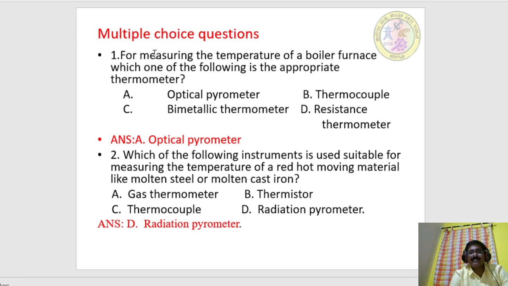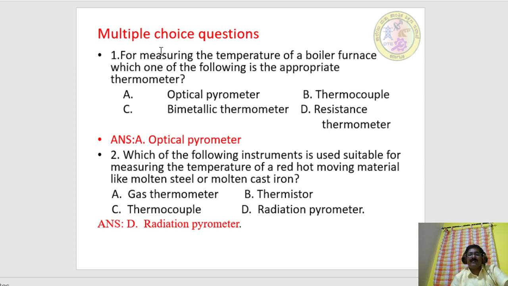D is resistance thermometer. The answer will be optical pyrometer, because a boiler furnace appropriately uses a thermometer to know the steam which is produced in the boiler, so definitely optical pyrometer is the correct answer.